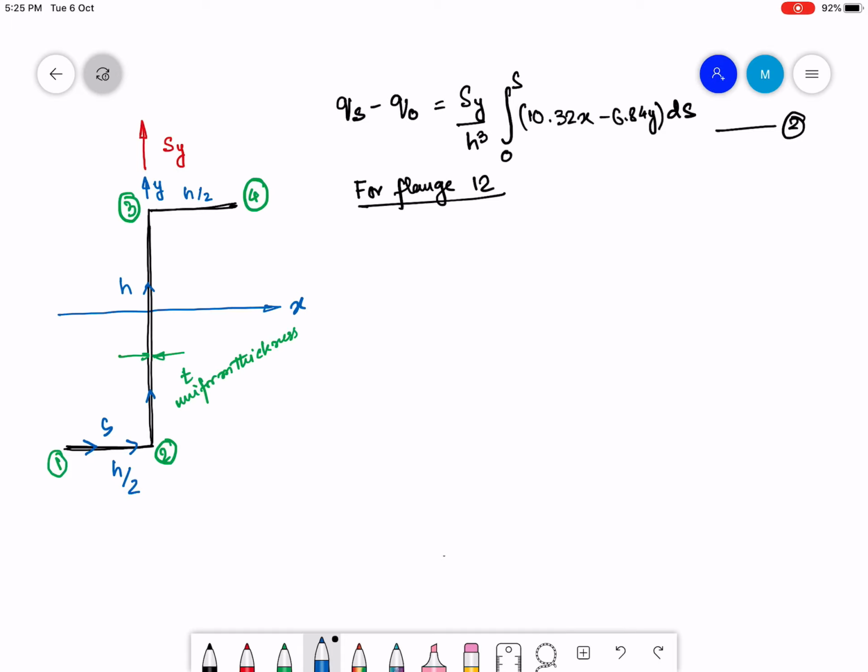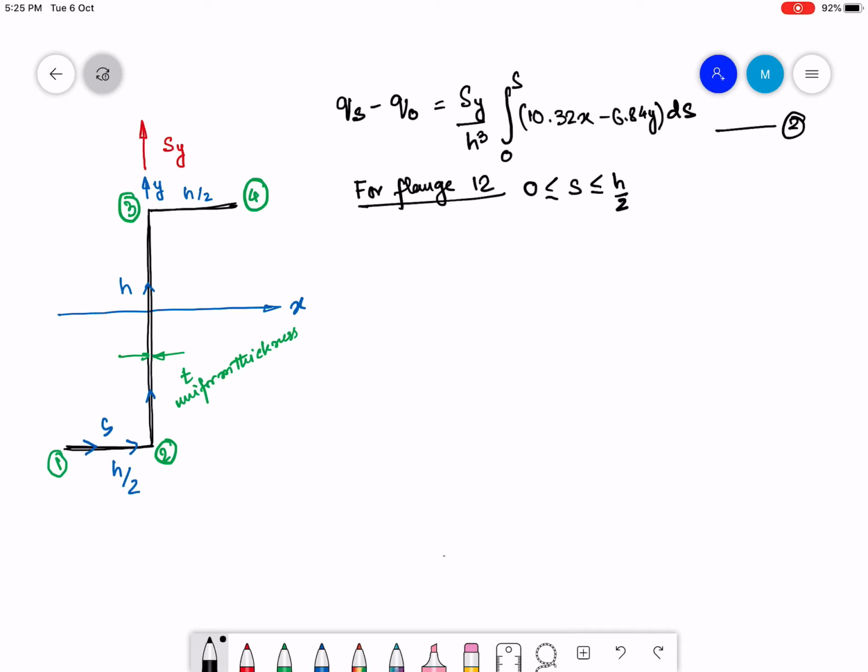For portion 1, 2, s is going to vary between 0 and h by 2. So I have to evaluate equation 2 for flange 1, 2, where s varies from 0 to h by 2.